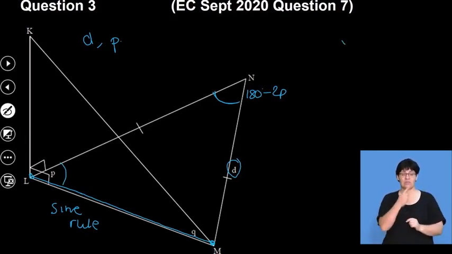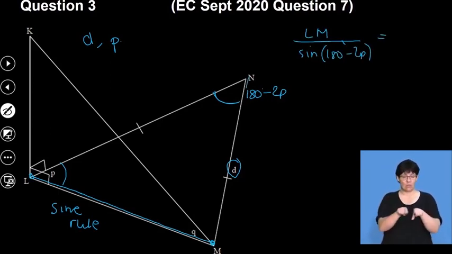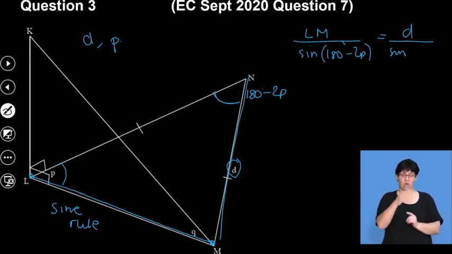I'm going to say that LM over sine of the angle opposite it, which is 180 minus 2P, is equal to side D over the sine of angle P. All right, so sine of 180 minus any angle is always just the same as sine of that angle. So I can reduce that to just sine of 2P.